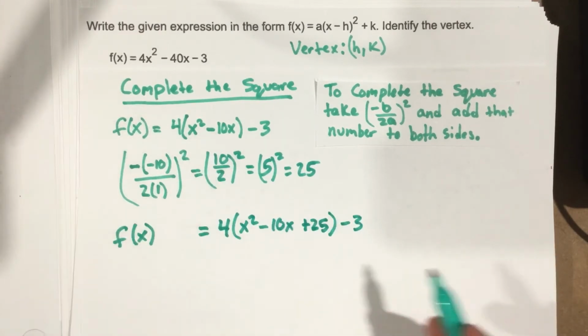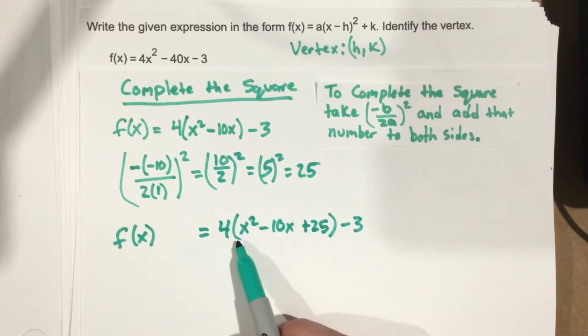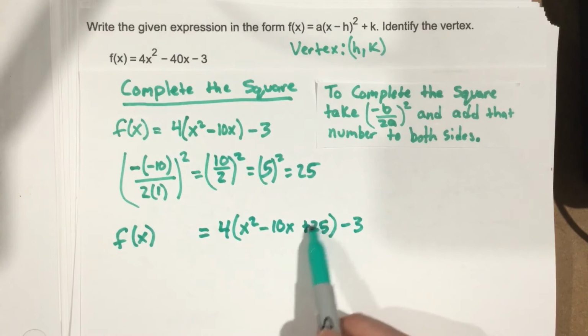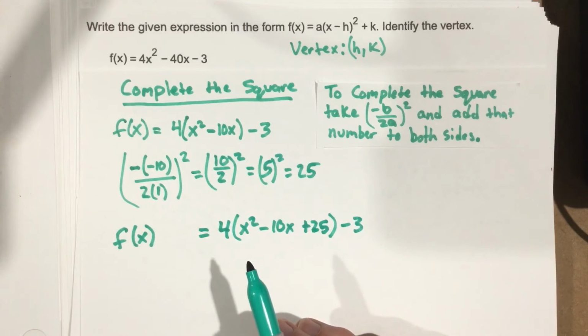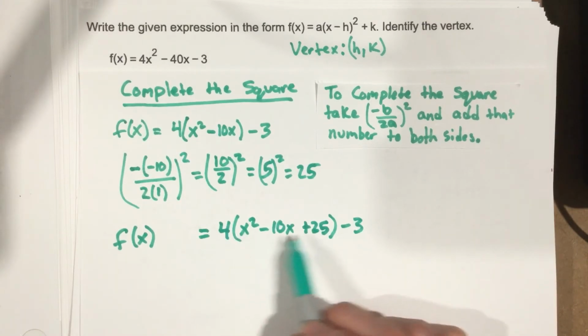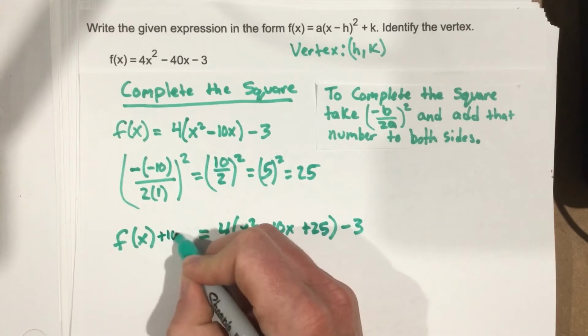Now the only thing it changes is I added 25 inside of parentheses, and the stuff on the inside is being multiplied by 4. So I didn't just add 25 to the right side, I added 25 times 4, which is 100. That's the only difference here, is I'm adding it inside the parentheses. I have a multiplication that's out front. I have to actually multiply those because that's how much I technically added. So over here I'm going to say plus 100.